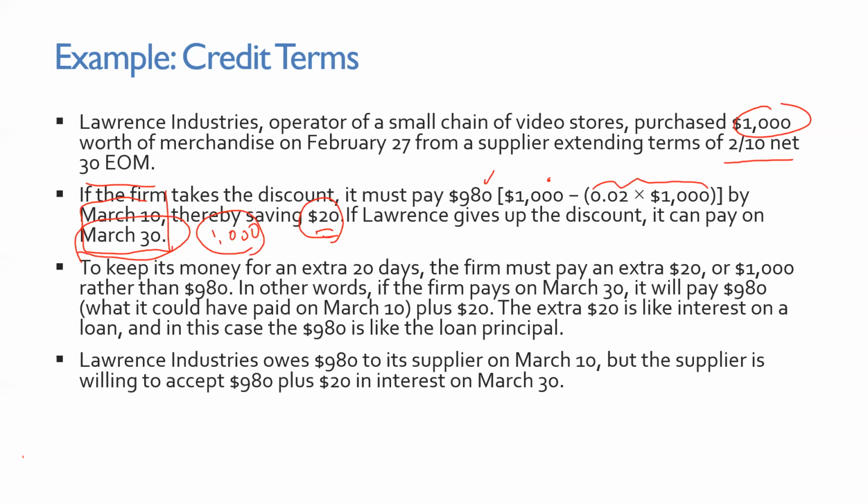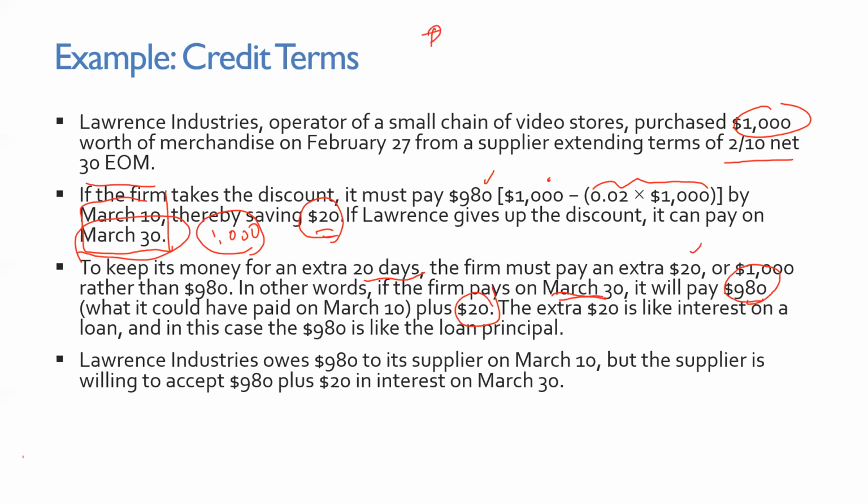To keep its money for an extra 20 days, the firm must pay an extra 20 essentially, or 1,000 rather than 980. In other words, if the firm pays on March 30, it will pay 980, what it could have paid on March 10, plus a $20 interest. So kaya kung isipin mo, yung foregoing the discount, para kang nangutang doon sa pinagbilhan mo ng inventories, right?